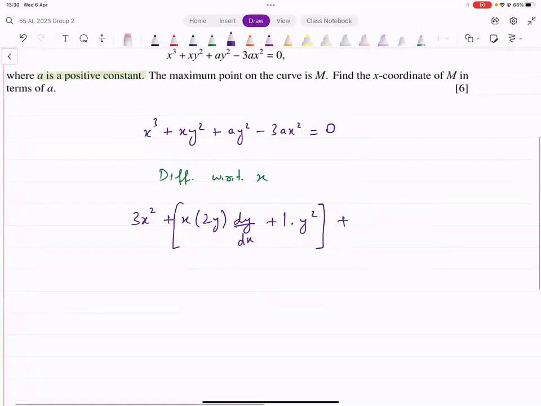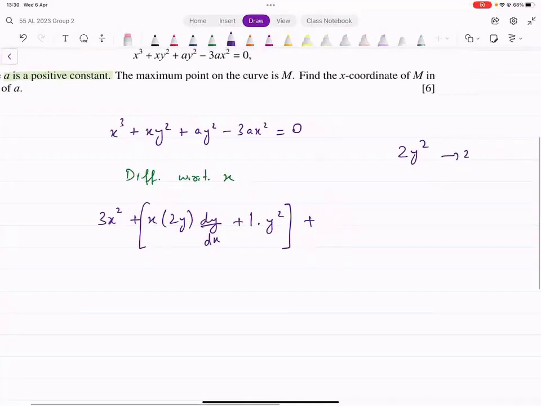Plus ay square. What about the derivative of ay square? इस पे product rule कैसे apply करेंगे? A is a constant. So it's like saying 2y square, for example. 2y square constant पे तो product rule नहीं apply करते ना. हम इसको क्या करते हैं? 2 as it is. जो constant होता है वो वैसे ही रहता है, और बस इसको differentiate कर लो. So in this case as well, A is just a constant.